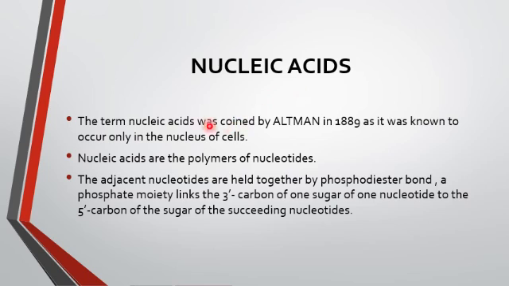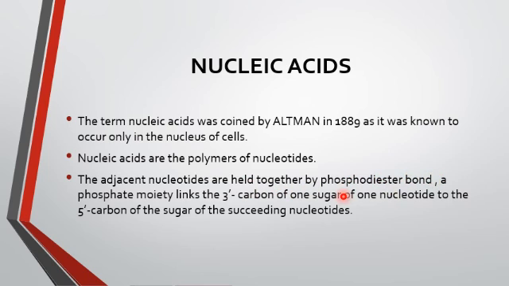The term nucleic acid was coined by Altman in 1889 as it was known to occur only in the nucleus of the cell. Nucleic acids are polymers of nucleotides. As we know, adjacent nucleotides are held together by a phosphodiester bond.